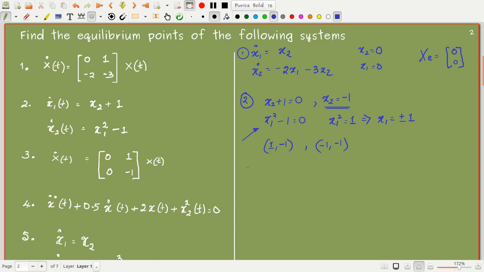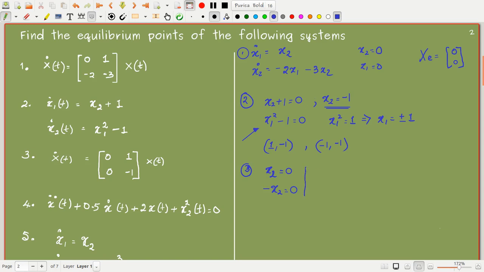Now we will go and see the third equation. Here x1 dot equals x2, which gives 0 for the first equation, and the second equation is minus x2 equal to 0. I don't have any information about x1. That means the system can be at rest for any value of x1.